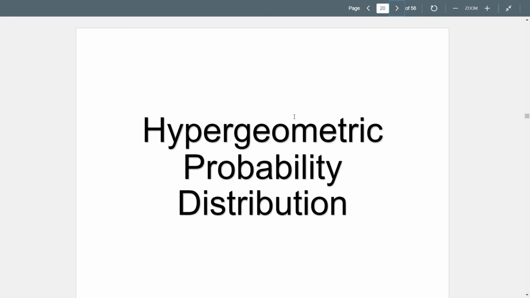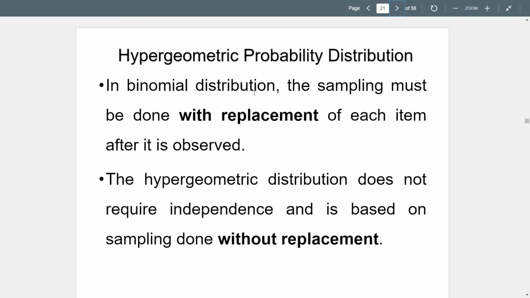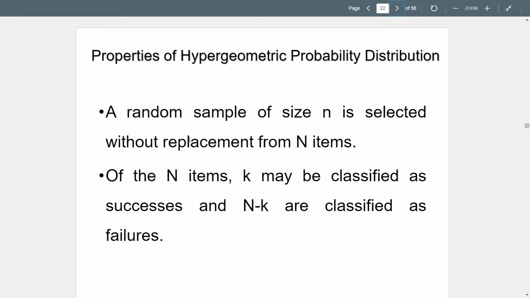Next will be hypergeometric probability. The difference between binomial and hypergeometric is that in binomial distribution, sampling must be done with replacement, but in hypergeometric distribution, it does not require independence and is based on sampling done without replacement. These are just the definitions.